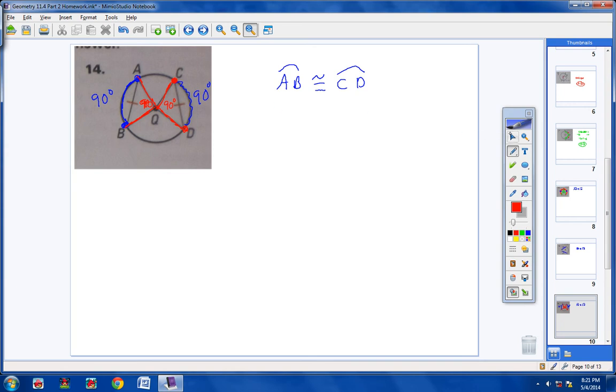So here's another set of congruencies that I have. This angle here is congruent to this angle here. So how would you say this angle? You would say angle AQB. So angle AQB is congruent to angle CQD. And we are moving on.